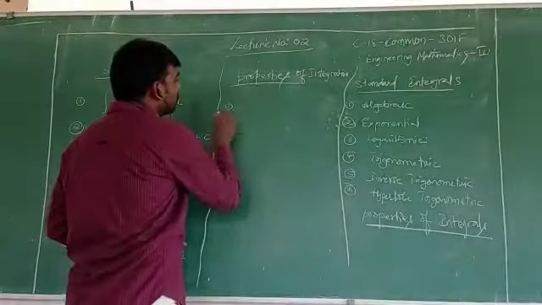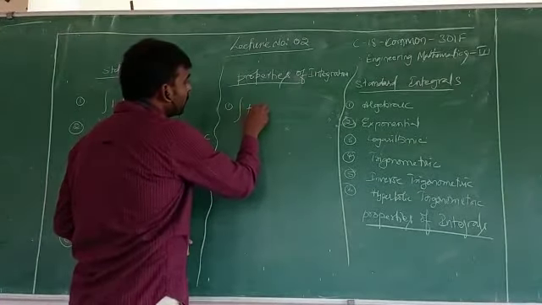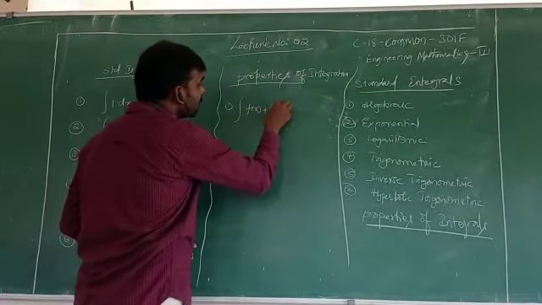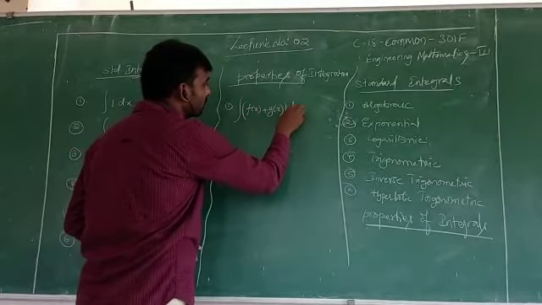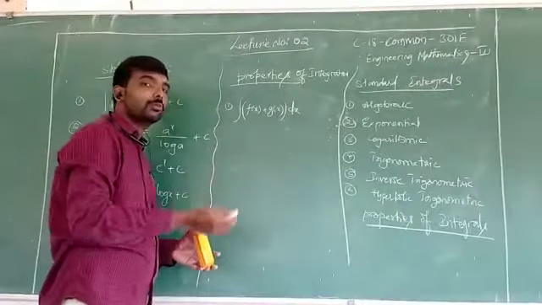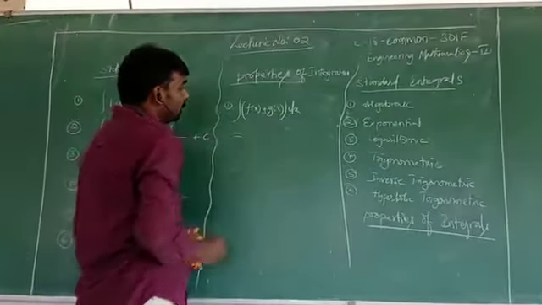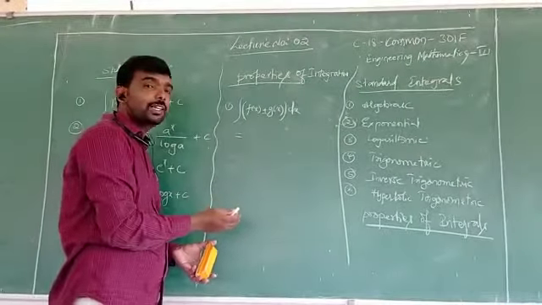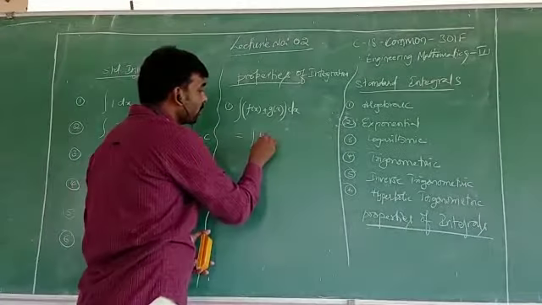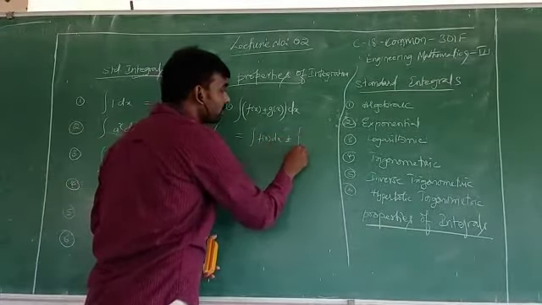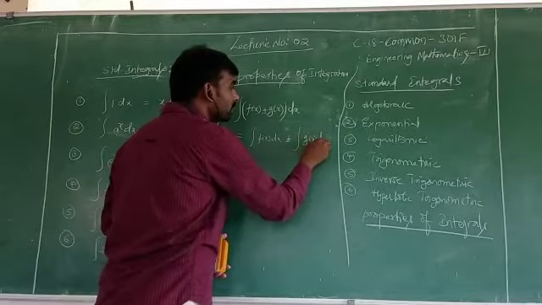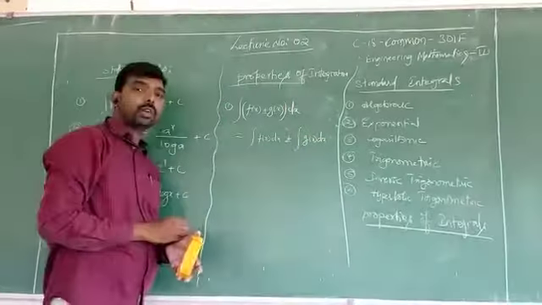Coming to the first one, the distributive property. If the function, that means the integrand, consists of two or more functions, either plus or minus, then we can easily split it into the integration of f of x into dx plus or minus integration of g of x into dx. This is property number one.